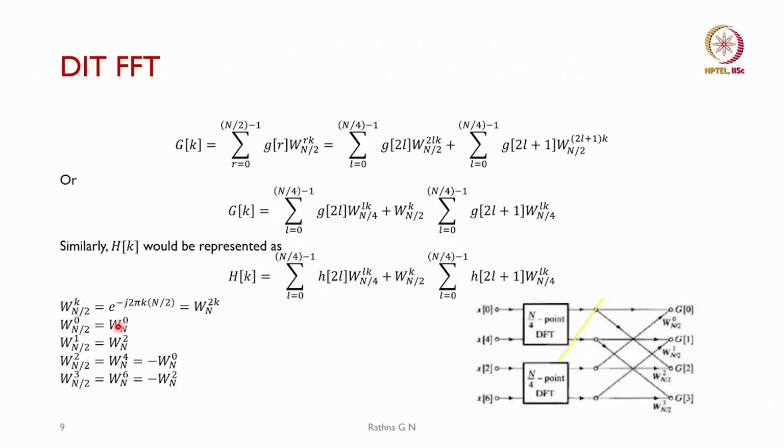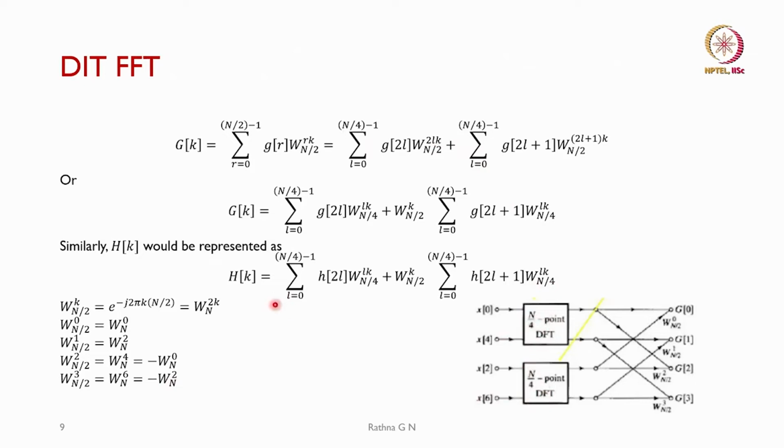W_N by 2 k is nothing but e power minus j 2 pi k n by 2, which is nothing but W_N 2 k, and same way W_N by 2 0 is nothing but W_N 0. W_N by 2 1 is equivalent to W_N squared, and W_N by 2 squared will be equal to W_N by 4, which is nothing but minus W_N 0, and W_N by 2 whole cube is nothing but W_N to the power of 6, which is nothing but minus W_N squared.